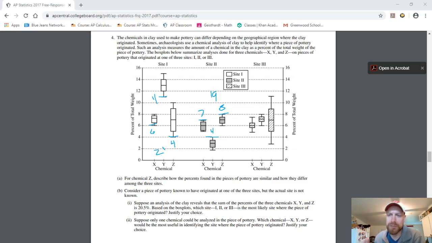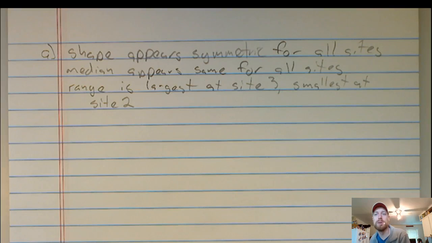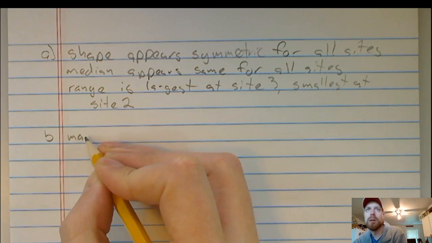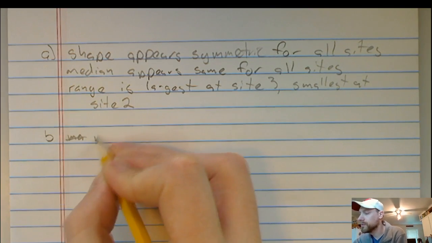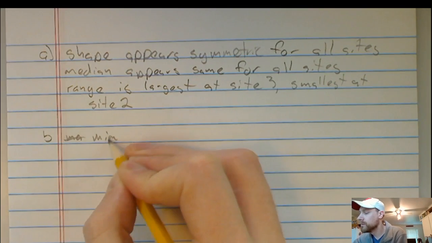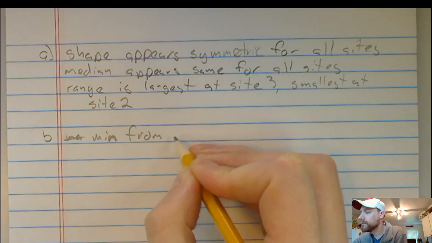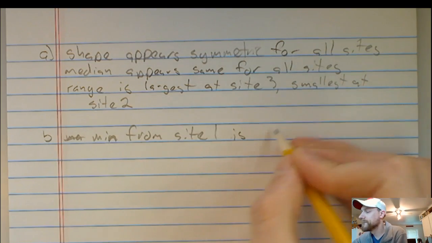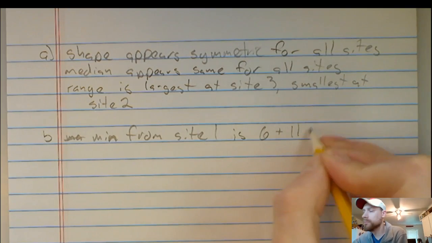And this does a better job of showing that it's much more likely that it's from site 3. But I thought we'd shown that it was more likely already. So for B, max, min, let's start with min from site 1 is 6 plus 11 plus 4.